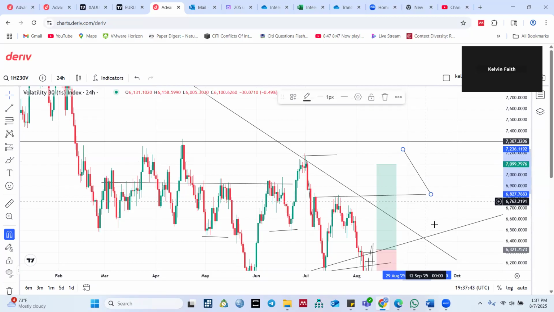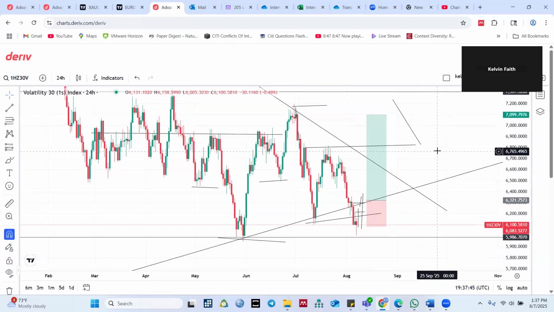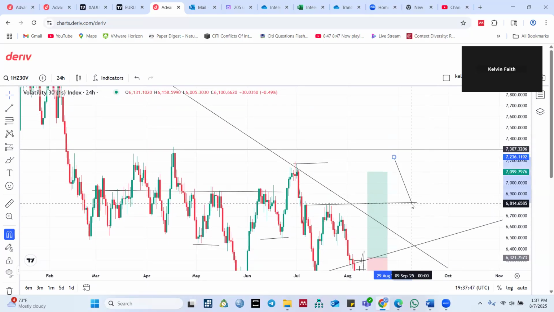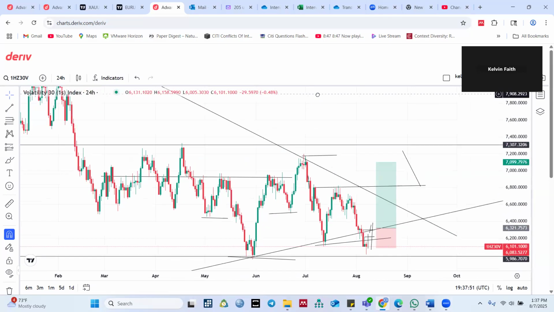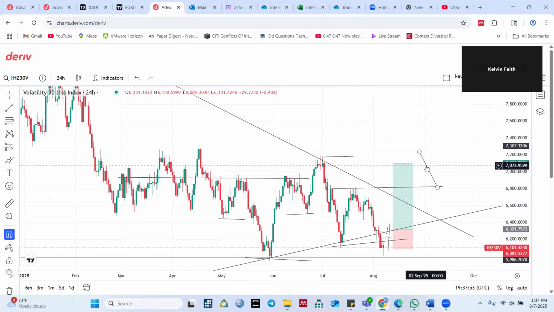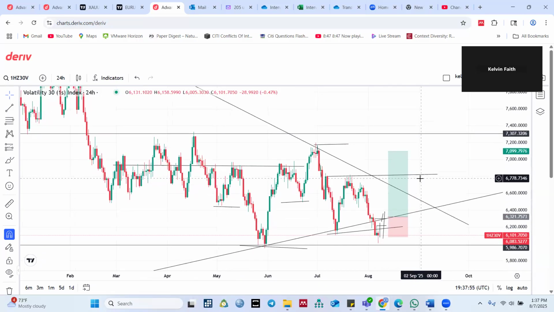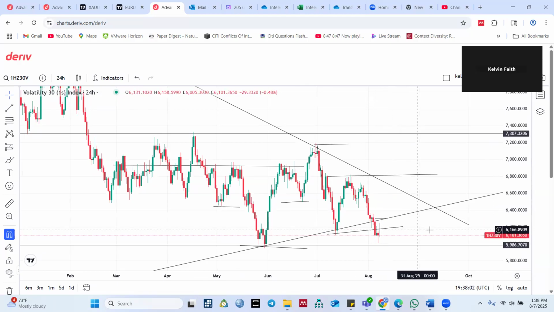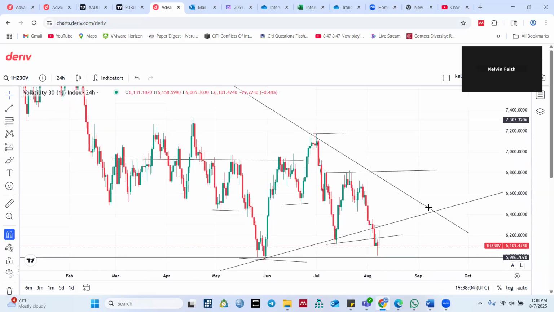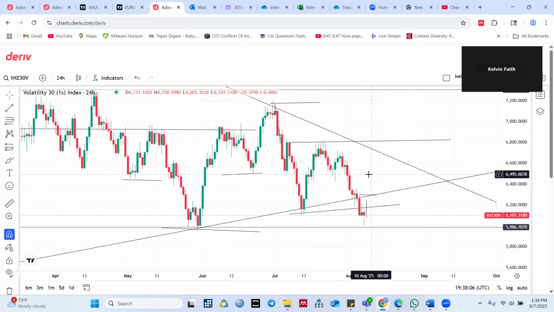If it comes down and does not give us new highs, we will definitely find another entry. It means we are going to go much, much more higher. But for now, we can just look at this. Now, what is the next option? So we need to wait 2 days or 3 days to see if this will happen.